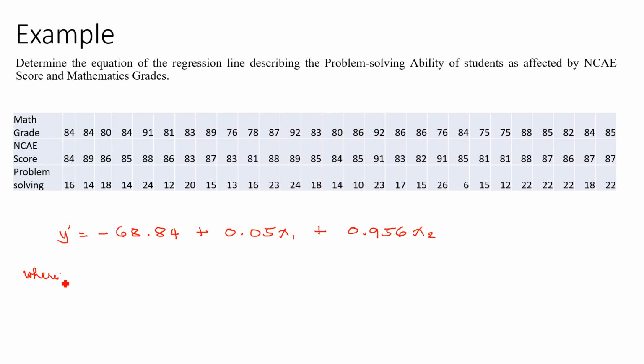Where x sub 1 is our mathematics grade, and x sub 2 is, not problem solving skills, I forgot, this must be the NCAI score.